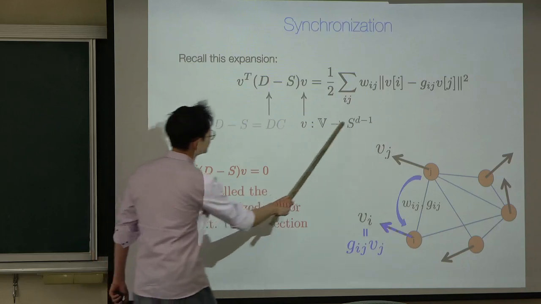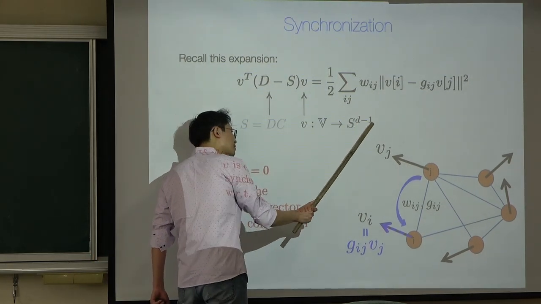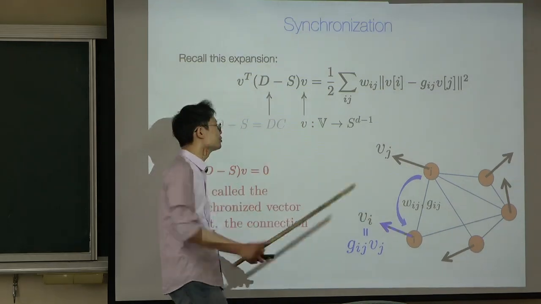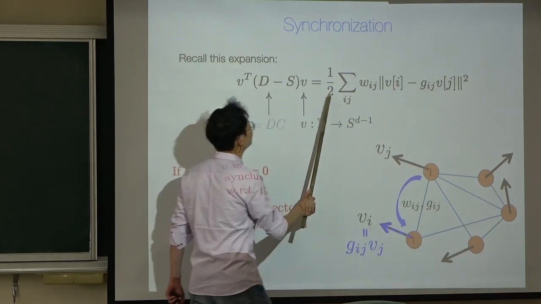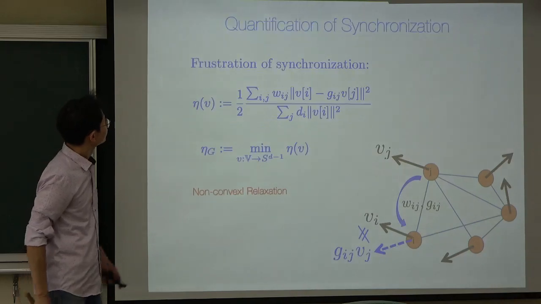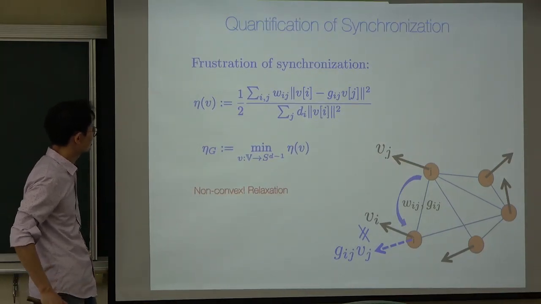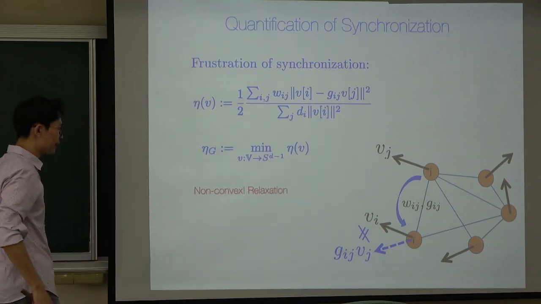But if you look at this, V is a sphere-valued vector field on the vertices, and you want to optimize this function. It is actually quite difficult. So, in general, we can just consider a relaxation.